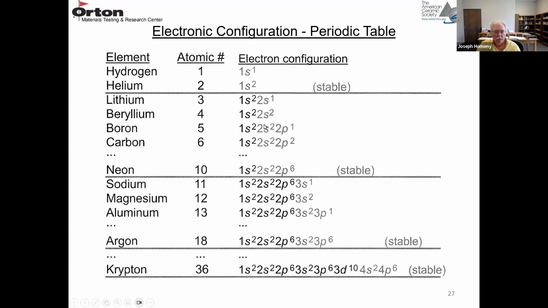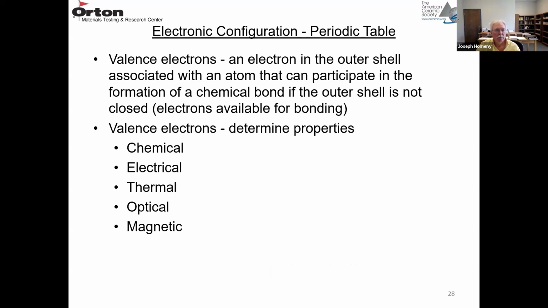And then the lighter, more gray notation here is just showing the outer electrons that are responsible for the chemical reactions. So these valence electrons are the electrons that determine the chemical properties, electrical properties, thermal properties, and optical and magnetic properties.